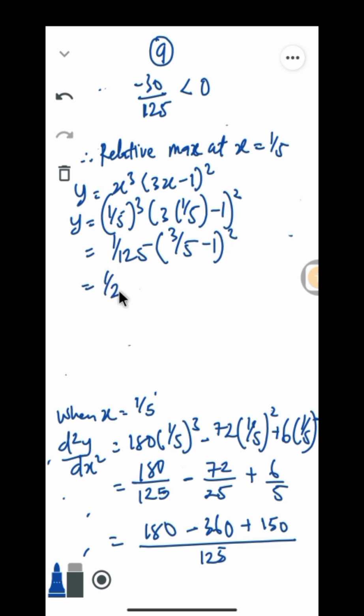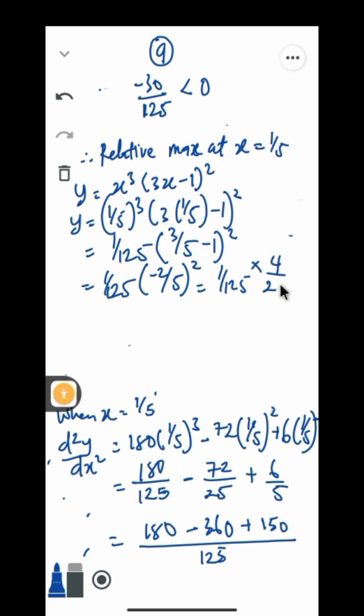This gives us 1 over 125 into 3 over 5 minus 1, which gives us negative 2 over 5, squared, which is 1 over 125 times 4 over 25. And this is equal to 4 over 125 times 25, which is 3,125. So this is the relative maximum.